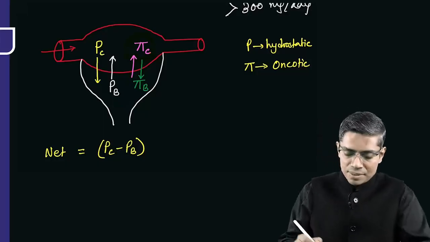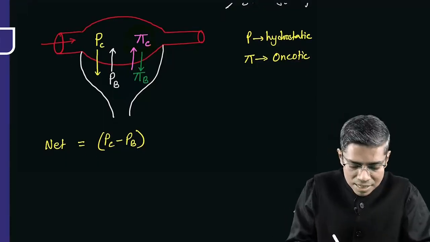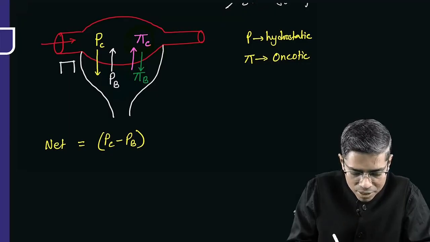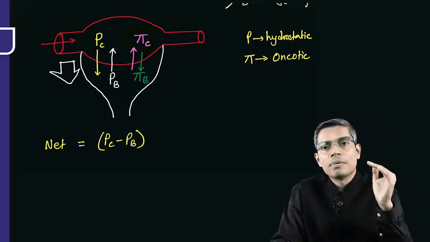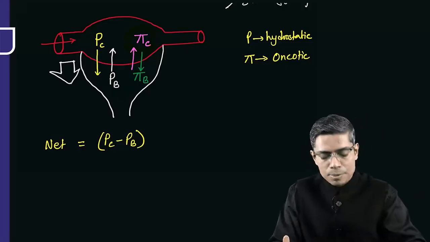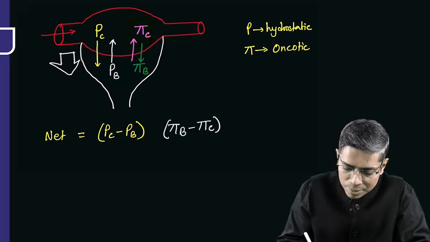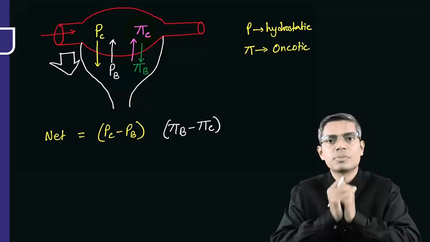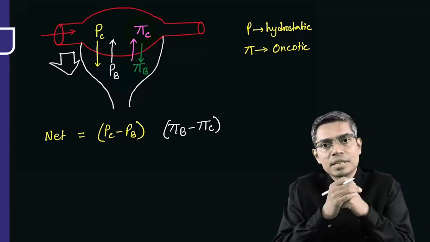So now, if I ask you, what is the net oncotic force which is acting from capillary towards the Bowman's capsule? Your answer will be pi B minus pi C, because pi B is trying to drag fluids towards the Bowman's capsule and pi C is obstructing that, right?